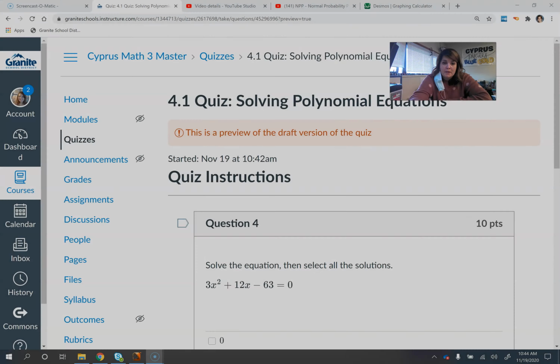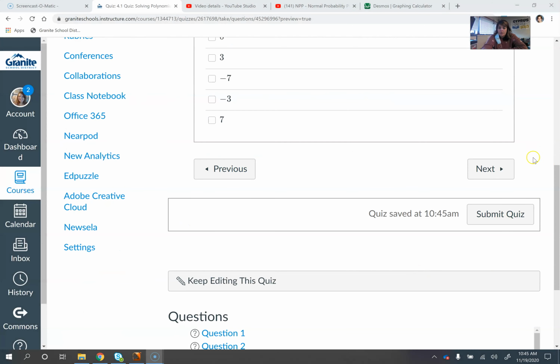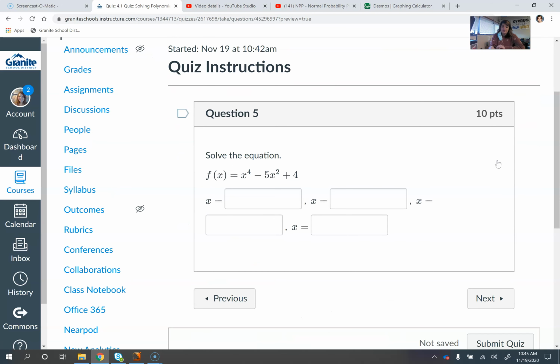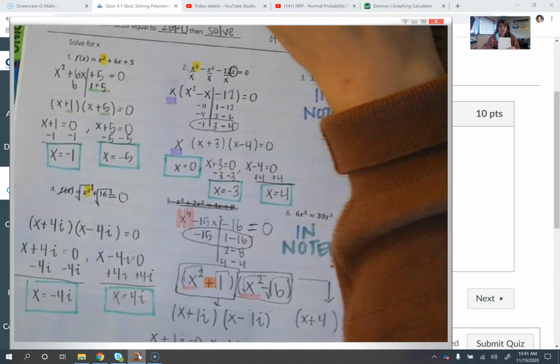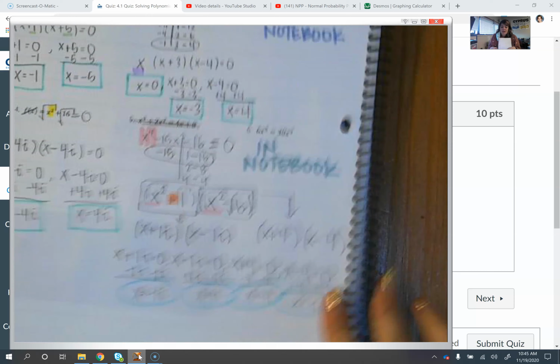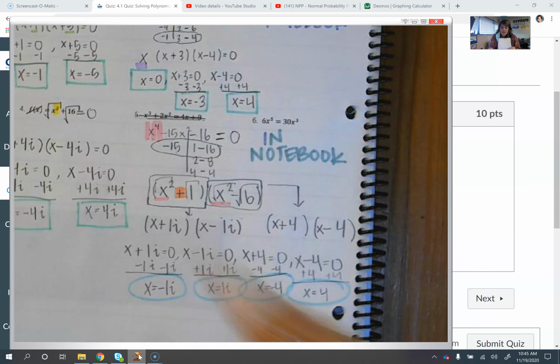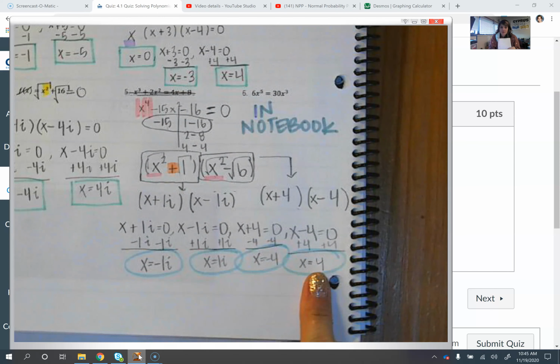Okay, question 5. Question 5 is the question that I had you write in during the notes. So in the notes, I had you write in a new problem that was an x to the 4th, and we ended up getting 2 imaginary solutions.